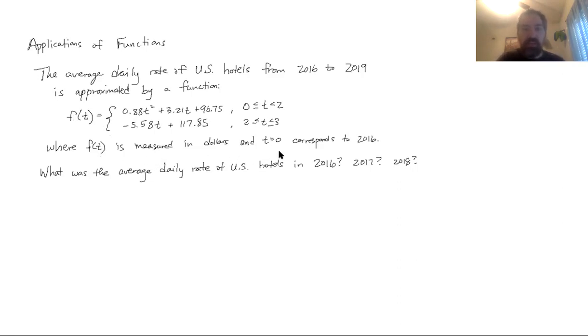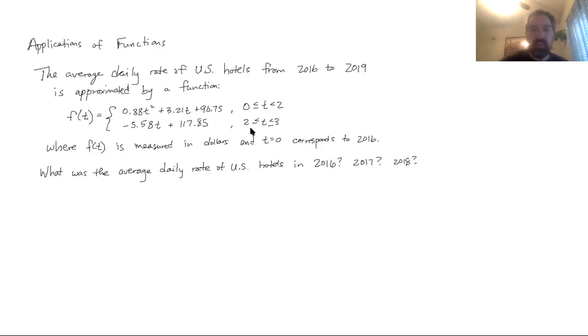And t equals 0 is corresponding to 2016. All right, so 2017 would be t equal 1, 2018 would be t equal 2, and 2019 would be t equal 3. And so between the years 2016 to 2018, the daily rate of US hotels can be represented by this quadratic function.